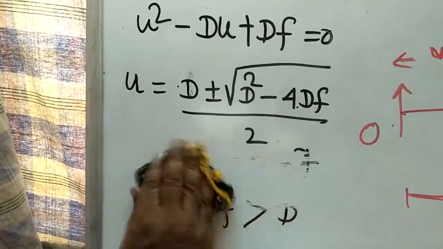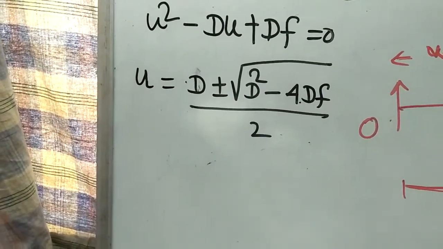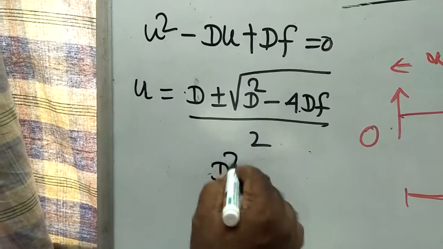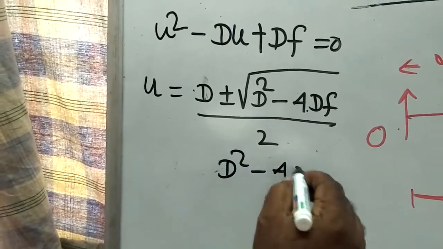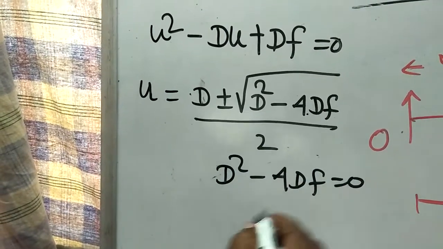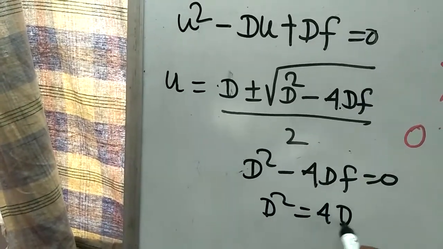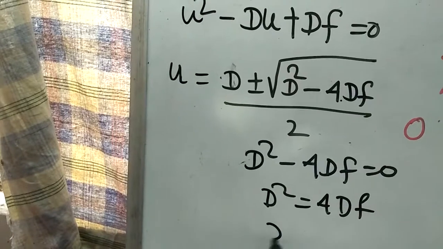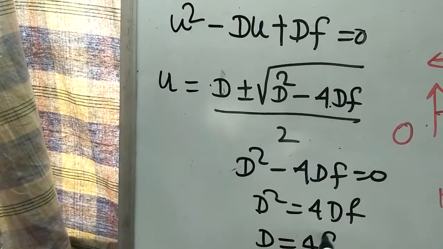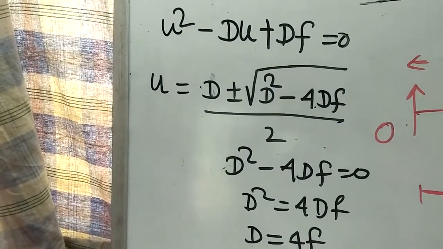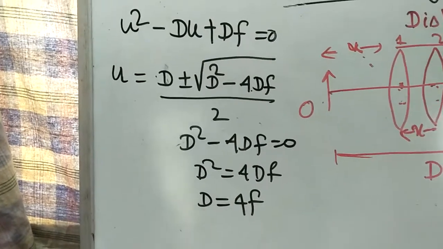If D² = 4Df, that is D = 4f, we will get exactly one position of the lens for the image.